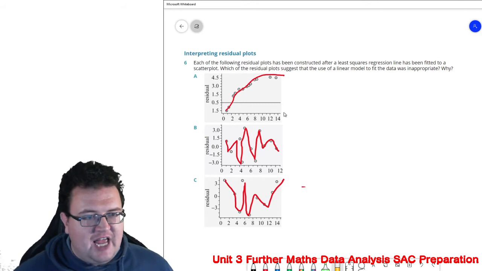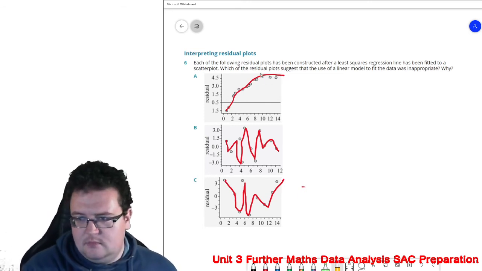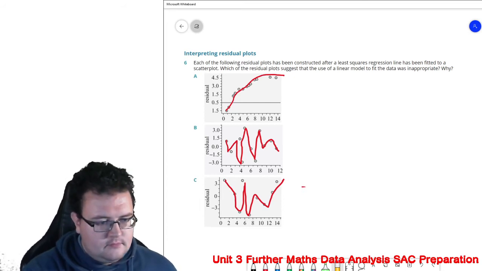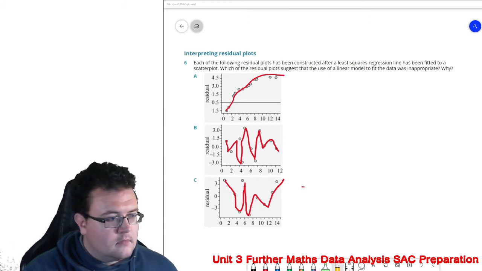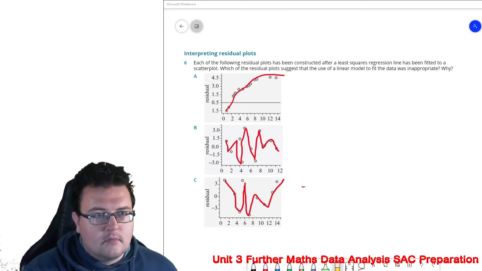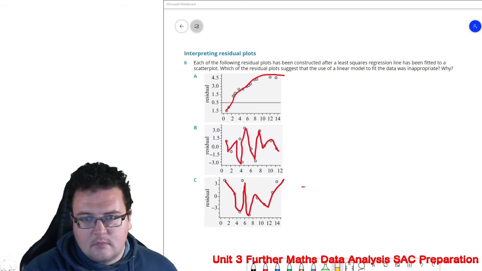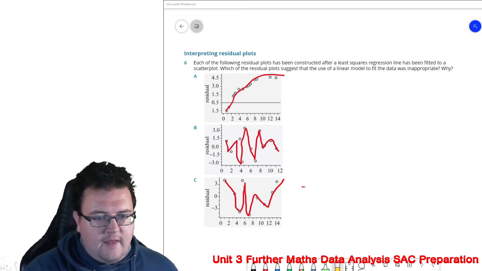As I change in the X value, my residual is getting further and further away, but it eventually levels out, but there's a pattern going on here. So that's the answer that I would give.